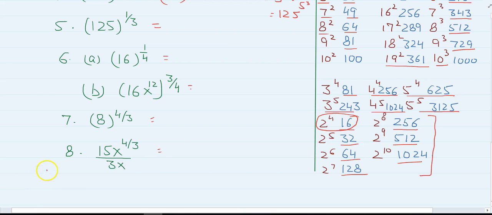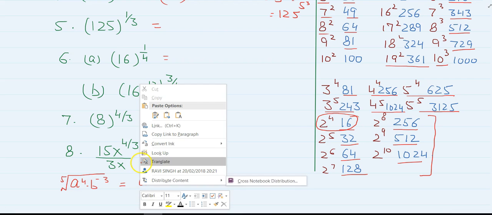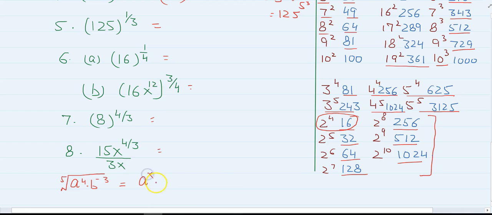I have another question that is a bit different type of question. Let's write the fifth root of a to the power 4, b to the power minus 3, is equal to a to the power x multiply b to the power y.